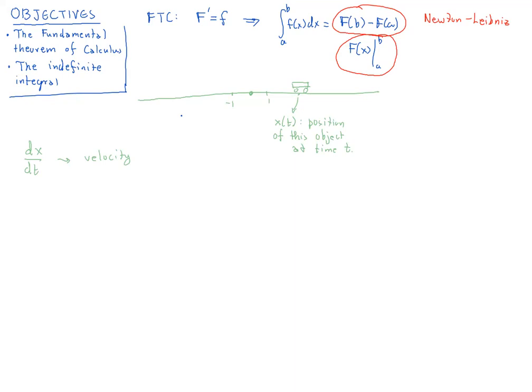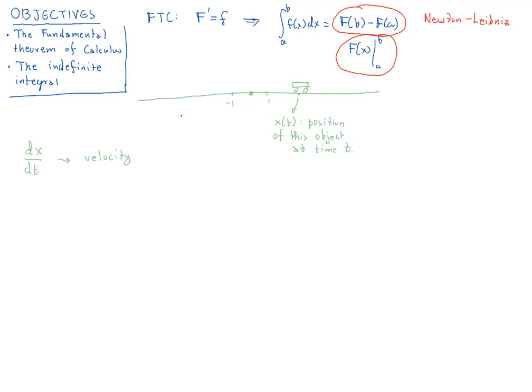Now, of course, if you're in a car and you're driving in your car, you just see the speed, and the speed can be considered to be the absolute value of the velocity. So for our purposes, we can restrict our attention to just motions that go from the left to the right, so the velocity is positive.